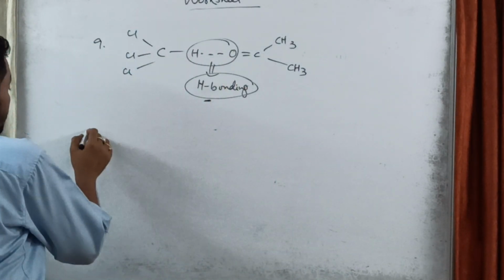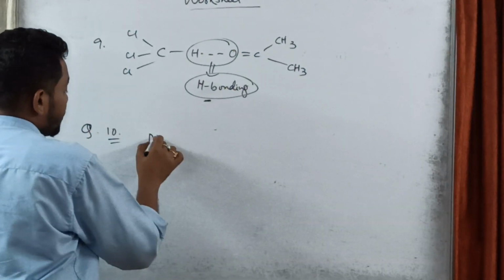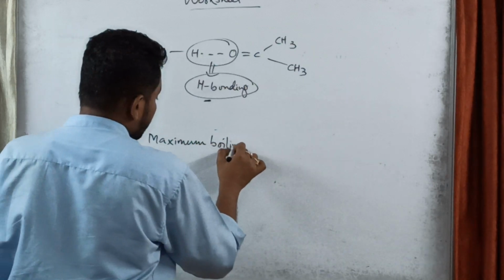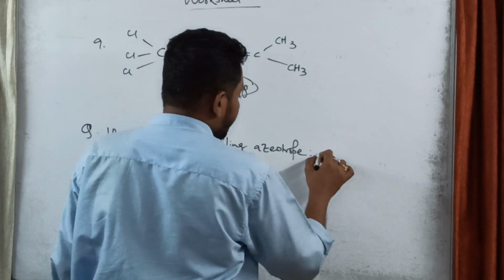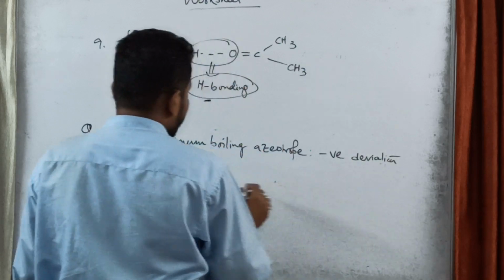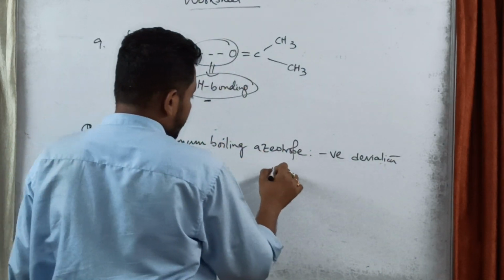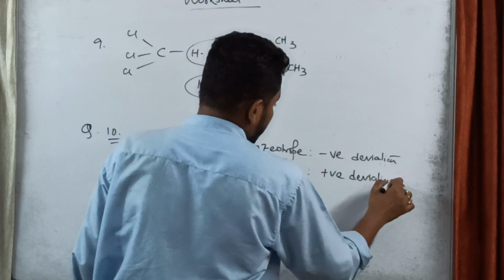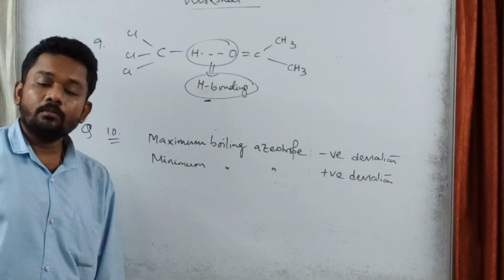Question number 10, the alternative question that is given. Always remember, maximum boiling azeotrope is basically shown by negative deviation, and minimum boiling azeotrope by positive deviation.